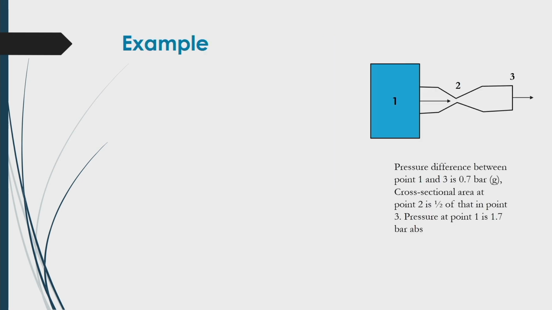Let us do another example here. One figure is given in the slides. In this case, water is flowing from a tank through a converging diverging pipe.